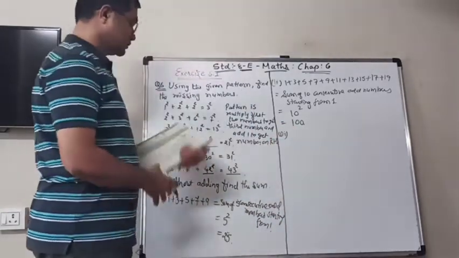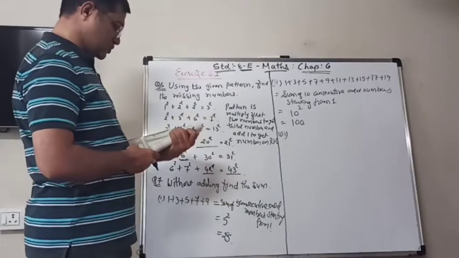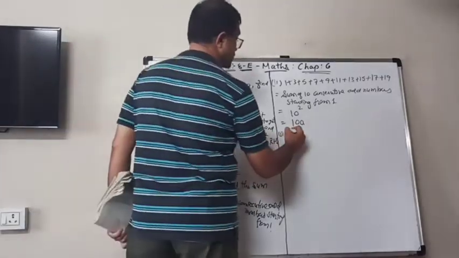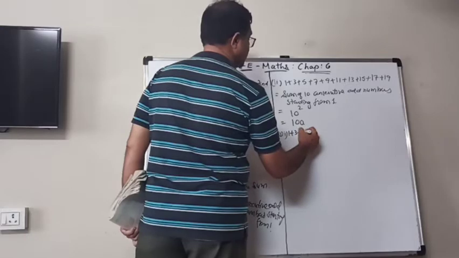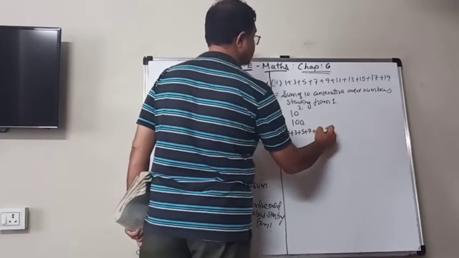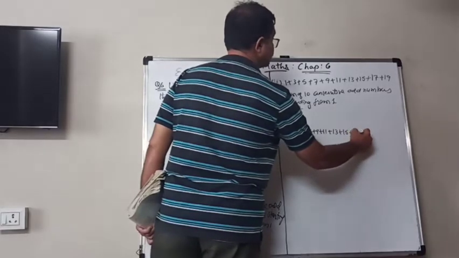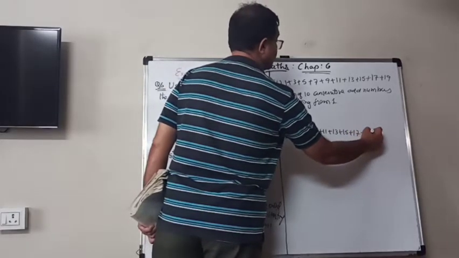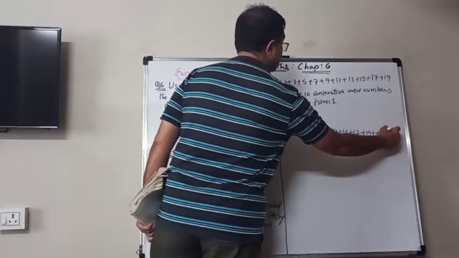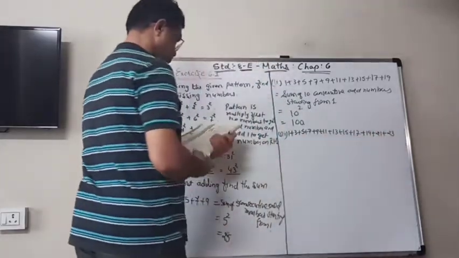Third question is up to 23. 1 plus 3 plus 5 plus 7 plus 9 plus 11 plus 13 plus 15 plus 17 plus 19 plus 21 plus 23.